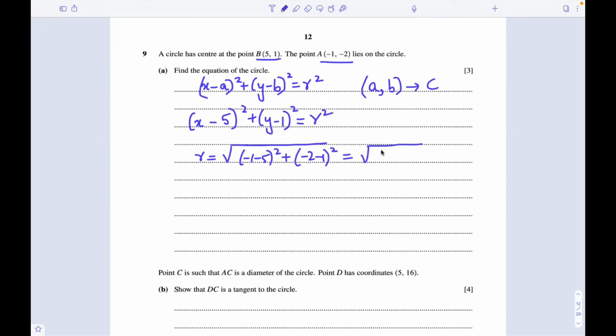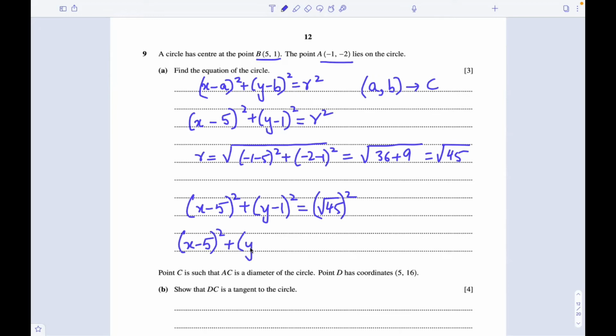We get 36 plus 9, which is square root of 45. So the equation would become x minus 5 whole squared plus y minus 1 whole squared is equal to square root 45 whole squared, and cancelling out the square root with the square, we have x minus 5 whole squared plus y minus 1 whole squared is equal to 45.